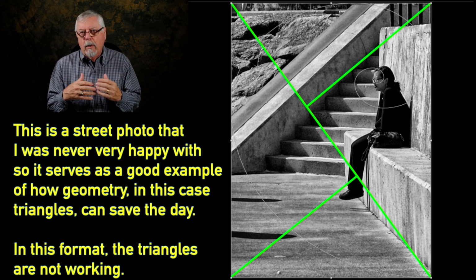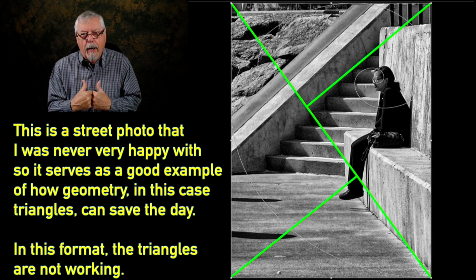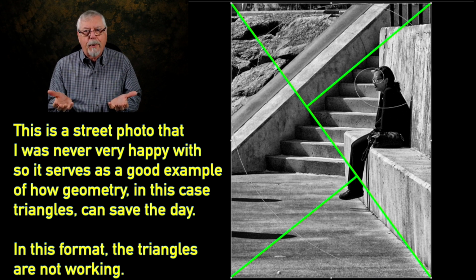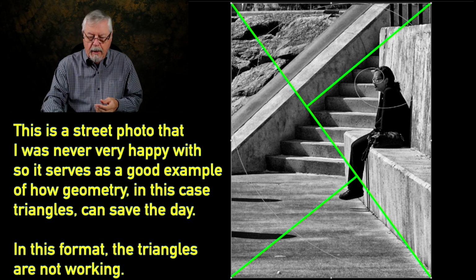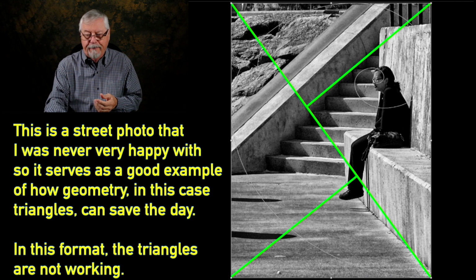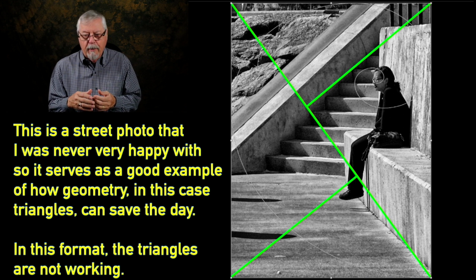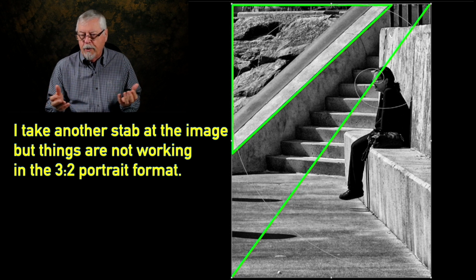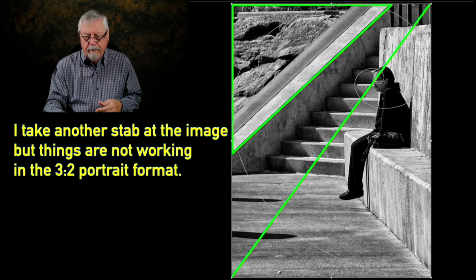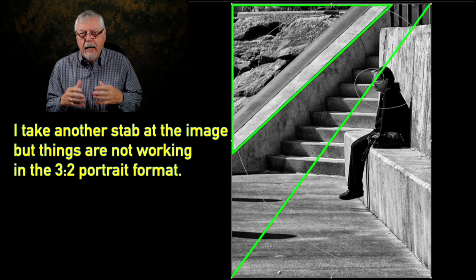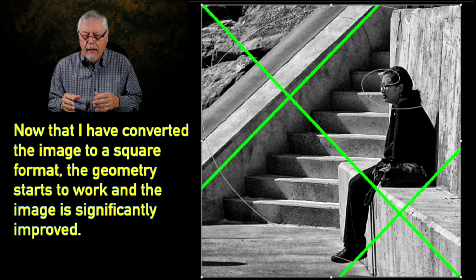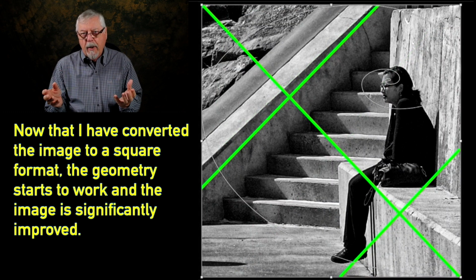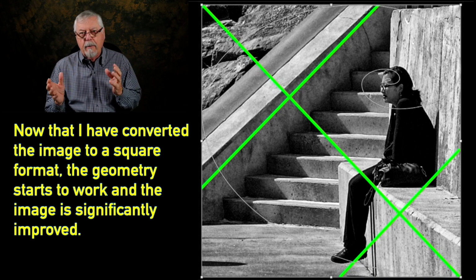So it's more diagonals and triangles that are going to be in play when we try to analyze this. And the triangles are not working. So I played around with it, and there's the baroque diagonal and there's a triangle. Again, it's not working. So I gave up on the 3x2 format and went to square. It's not perfect, but you can see it's starting to come together.